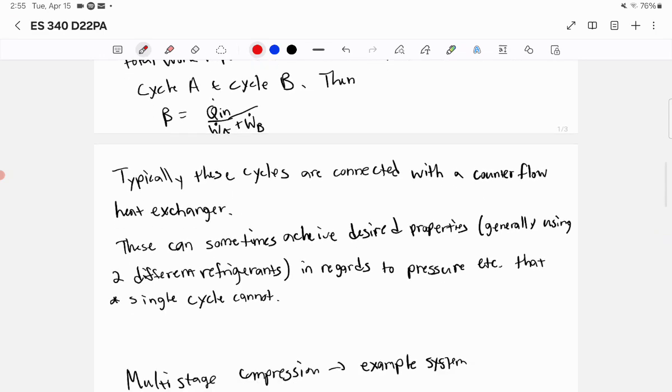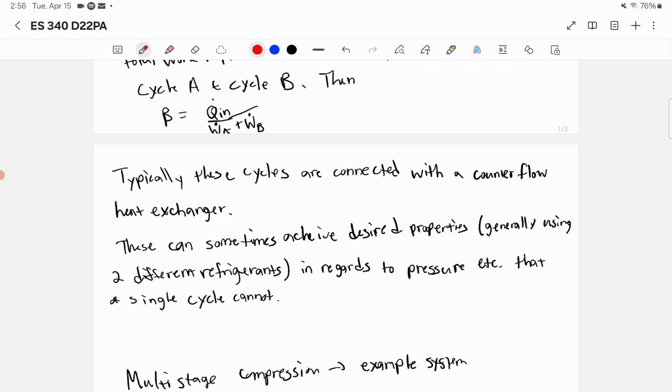But the idea is to take advantage of the cooling process that's happening in one of them for another, and this can lead to potentially beneficial results in terms of coefficient of performance. So in theory you could get a larger coefficient of performance if this is done correctly.